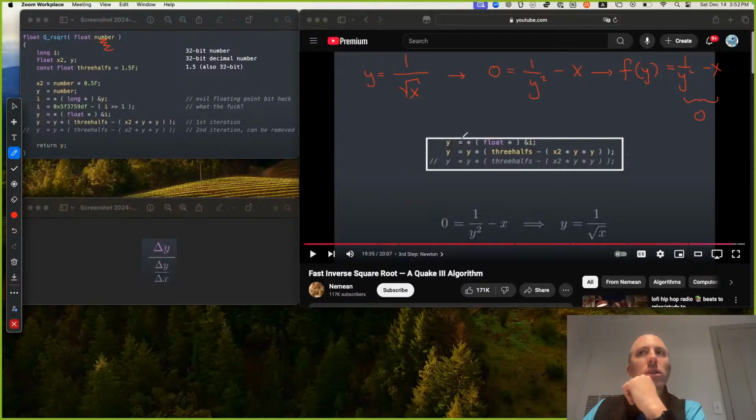So maybe the two formulations would be: we're given x and we want to compute 1 over the square root of x. And the other formulation is we're given x and we want to find the root of this function.